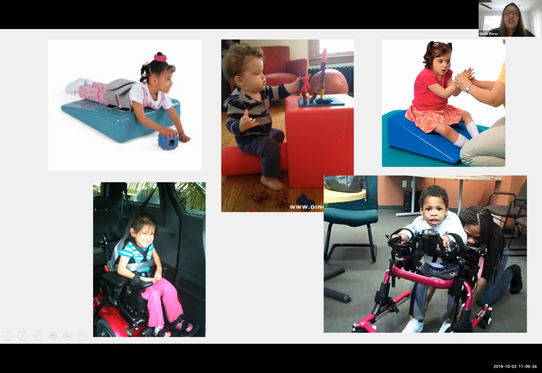So what do you think this child is working on right here? He's working on lots of things, but what are some of those things he's working on? Balance. Balance, yes. What part of his body specifically, as far as balance? Say his top. His core, yes, his core.